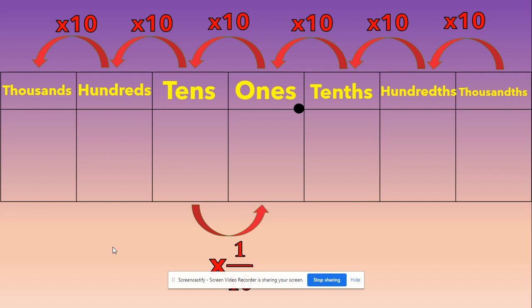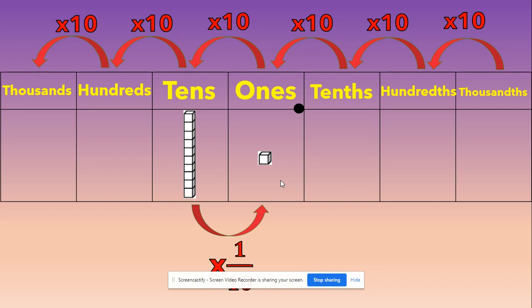Let me explain why. If we have 1 one and 1 ten, we know that 1 one is 1/10 the amount of 1 ten because we need 10 ones to make 1 ten. So having that one small unit cube is 1/10 of what it is to make a ten rectangle.